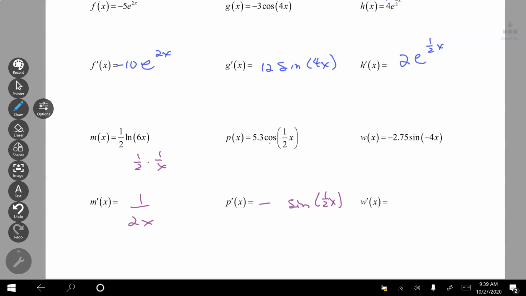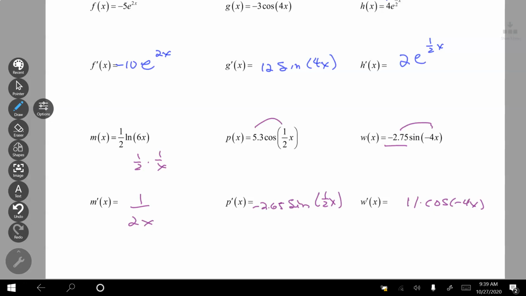That argument won't change. I've got to multiply these two, so I get negative 2.65 times sine of a half x. Then finally, this is going to be cosine of negative 4x, and I'm going to multiply these two coefficients. I get 11 times the cosine of negative 4x.